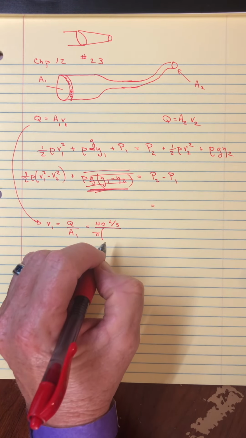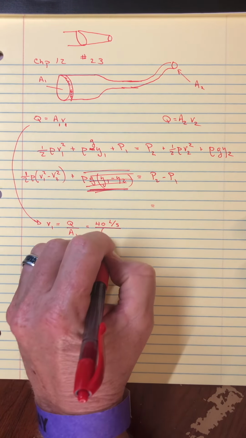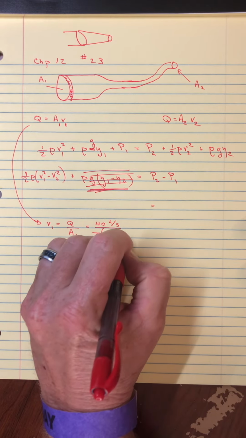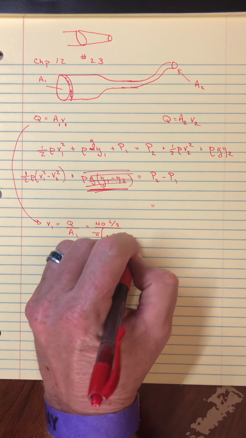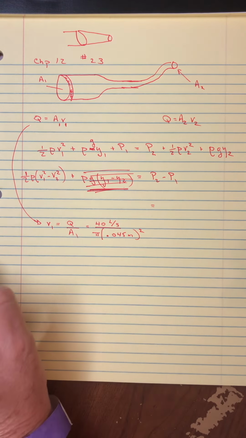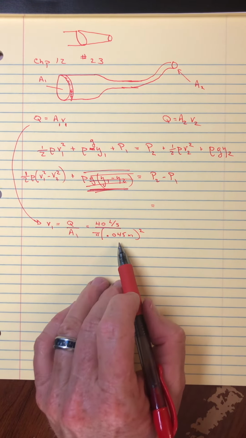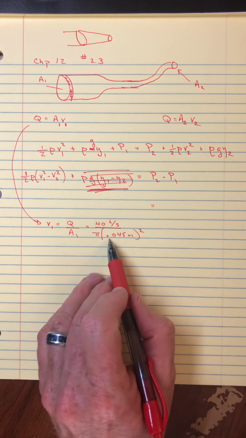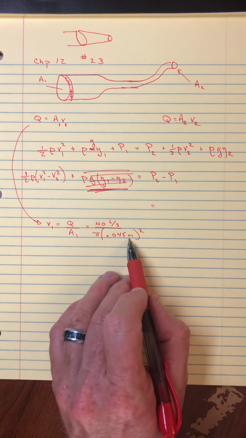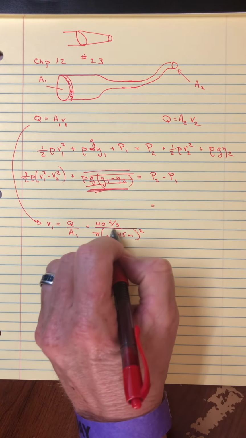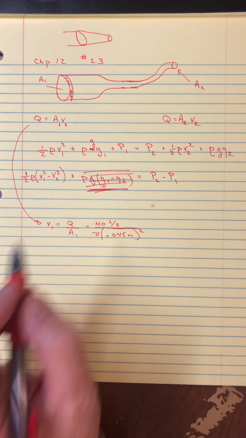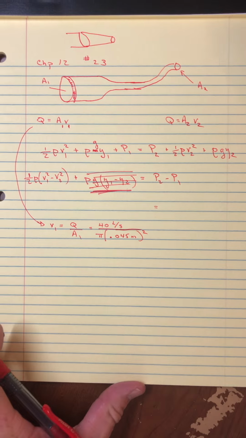They said the diameter was 9, so I'm going to change that to a radius of 4.5 centimeters, and I'm going to even change that into meters: 0.045 meters.